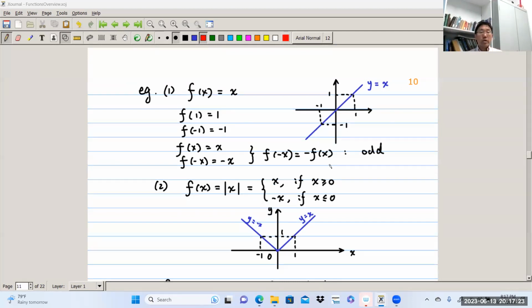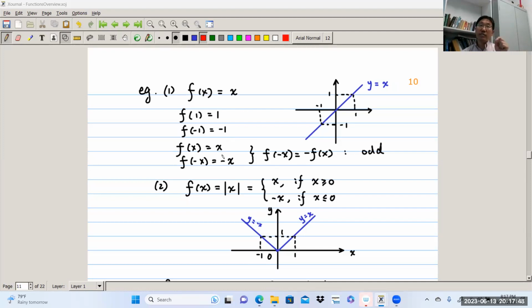If I evaluate this function at 1, you get 1. f(-1) is -1. More generally, f at x is x. But if I change my input to the opposite, I use -x as the input, then the output is -x. The output also becomes opposite.